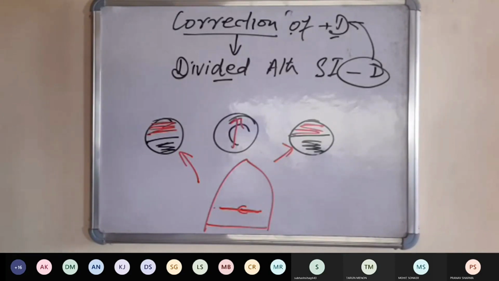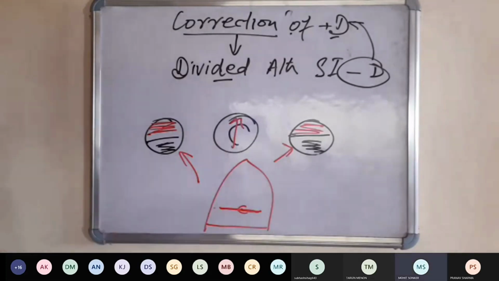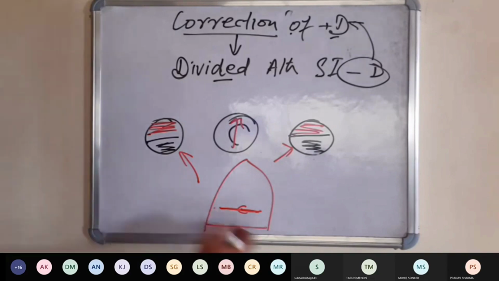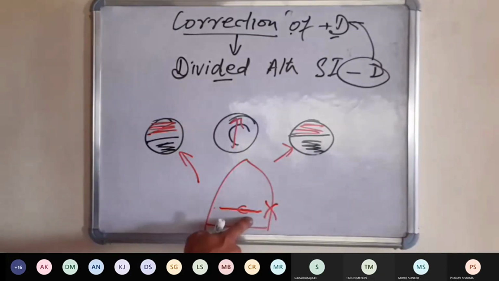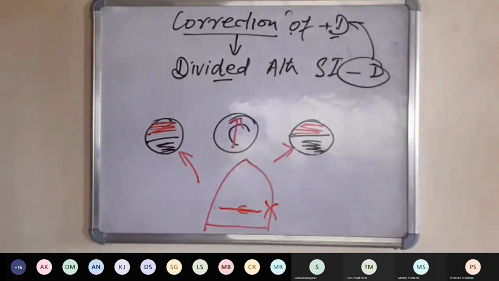Yes, sir. I'm asking this question from a different perspective, which is leading to a question which is generally asked in the exam. Here, there is no induction in this, but these two will get induced like this or not?